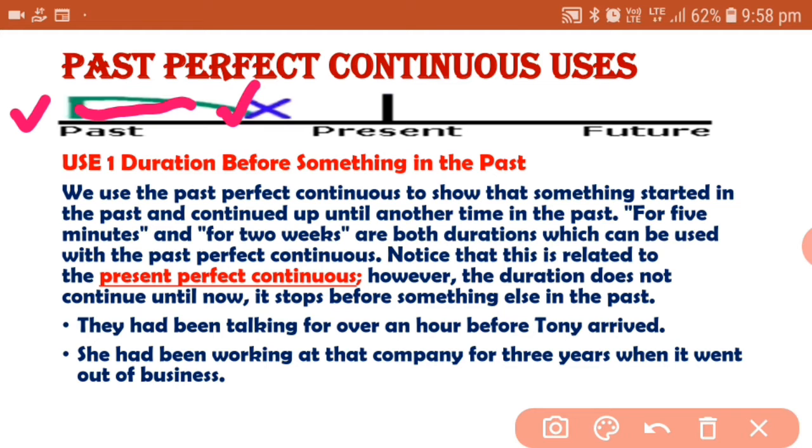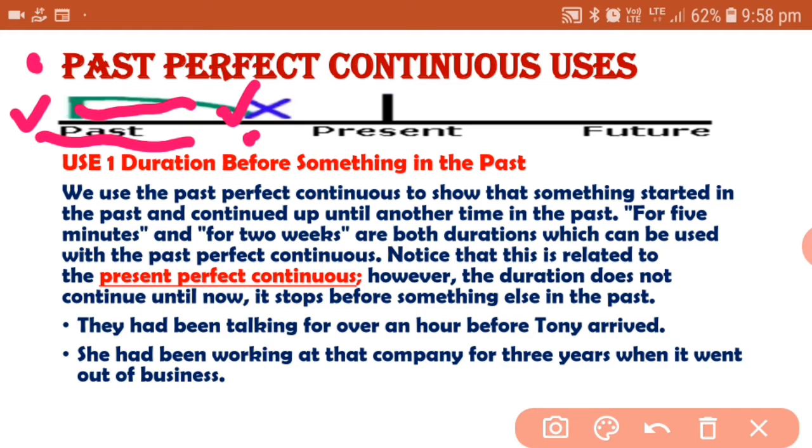It means one action was started by this point and completed at this point. It means this is the duration of the time. How long, we can say. Use 1. Duration before something in the past.